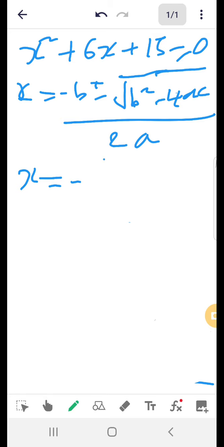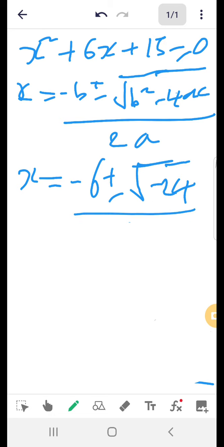What is inside, b squared minus 4ac, we already solved and found that it is negative 24, over 2a. Our a is 1, so this is 2 multiplied by 1.